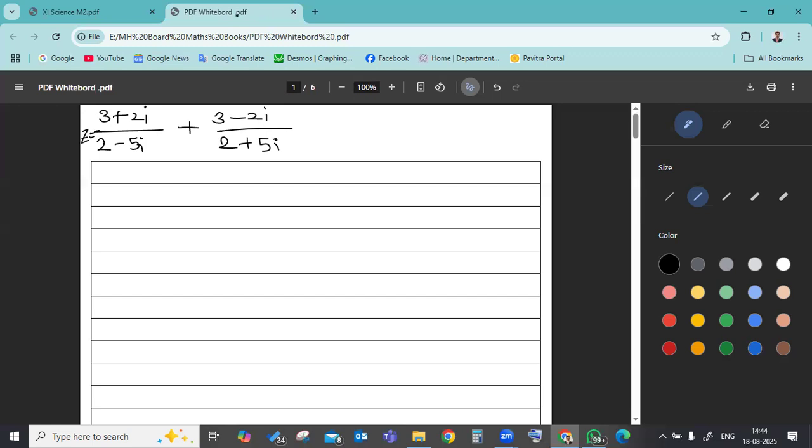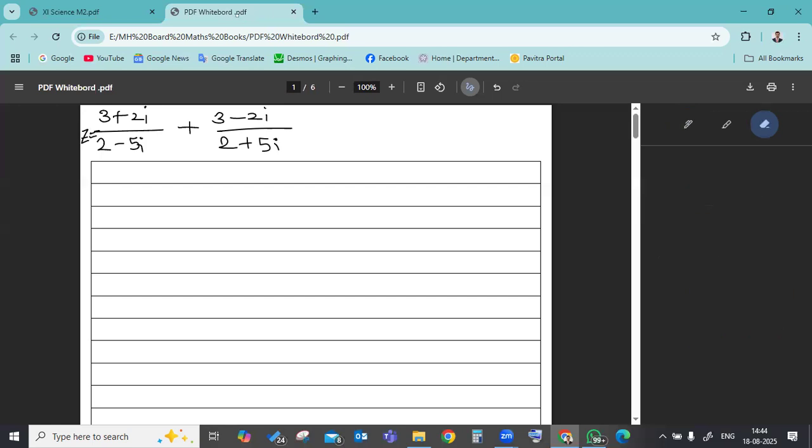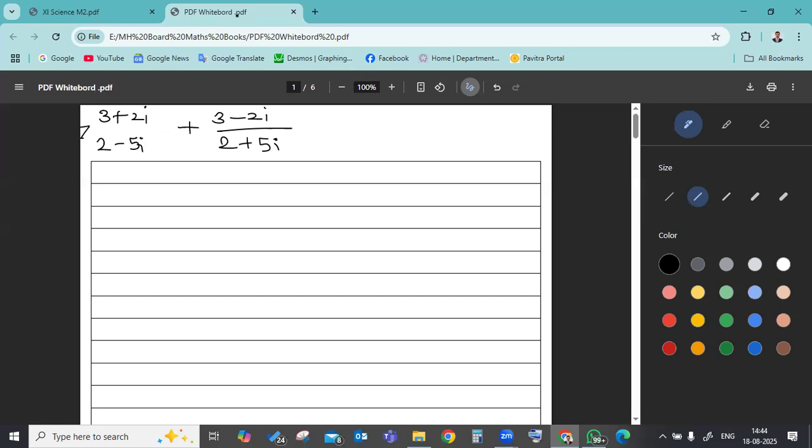Let's divide it into two parts and first simplify the first part. Consider the first part, (3 plus 2i) upon (2 minus 5i).